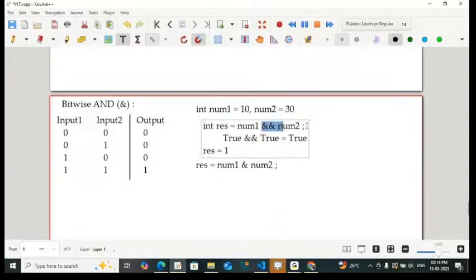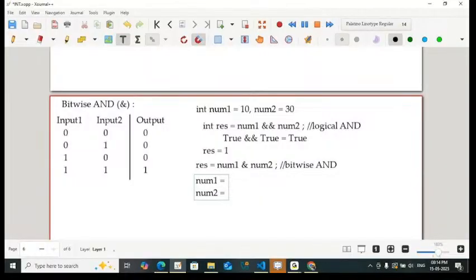This is logical and. Now what happens in case of bitwise and? You should represent num1 in binary. You should represent num2 in binary. Then you have to perform the operation.